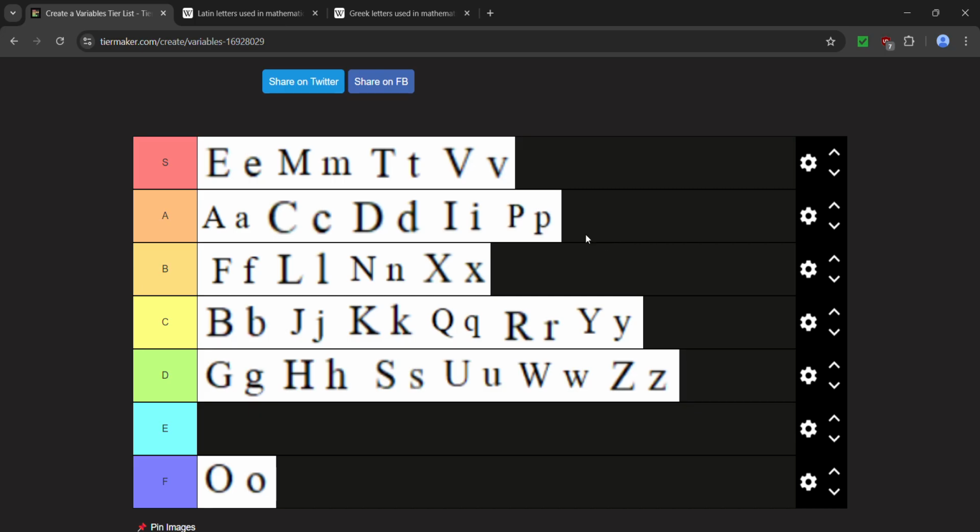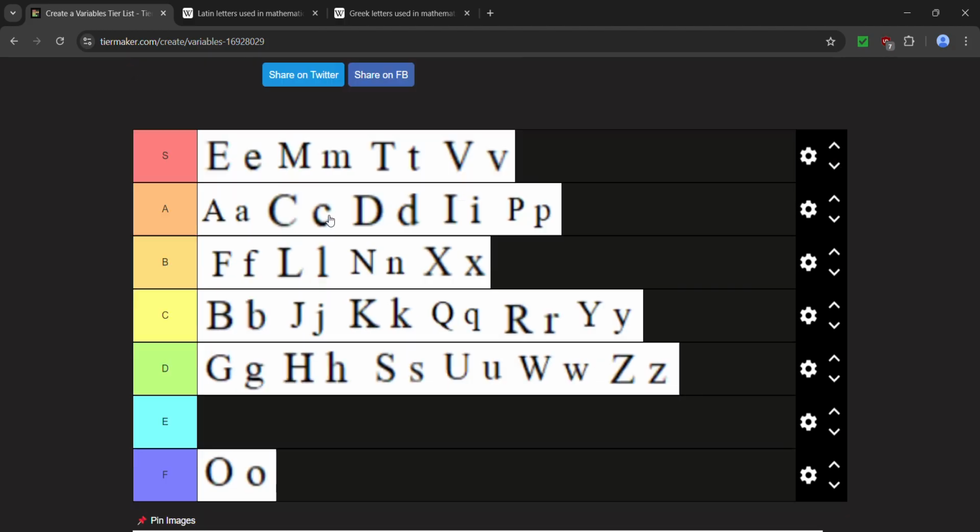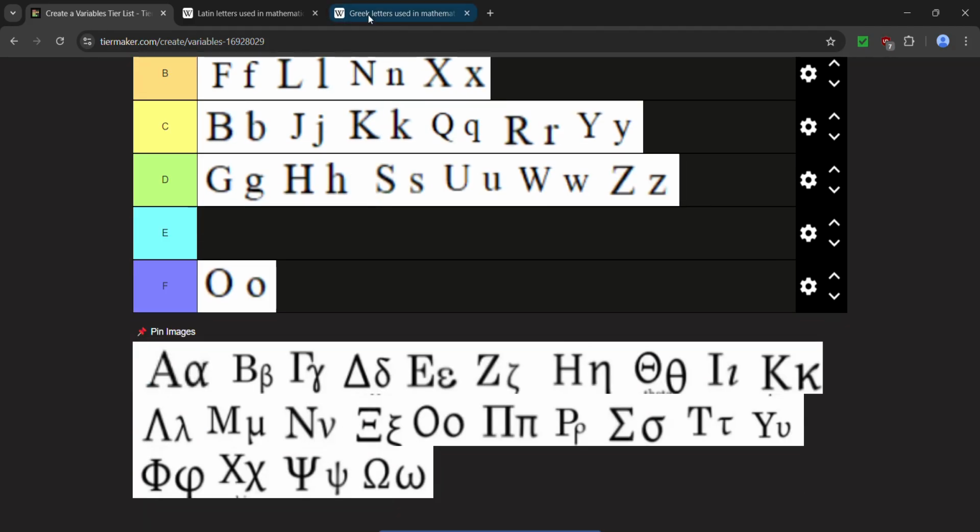We're doing this. That's just the vibes. This looks more like what the tier list should look like. Maybe I'm forgetting something that made P great, but this seems more correct. Yeah, cool. Let's go on to the Greek letters here.